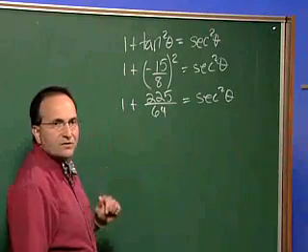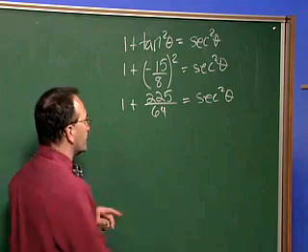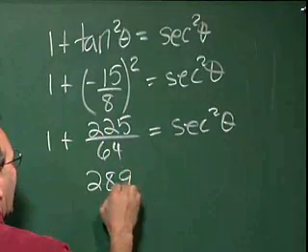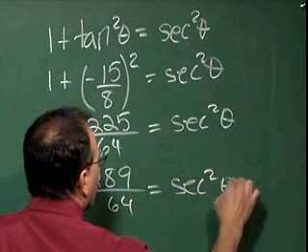We would have to change the 1 into 64 over 64. So that's going to give me, on top, 289 over 64 equals secant squared theta.